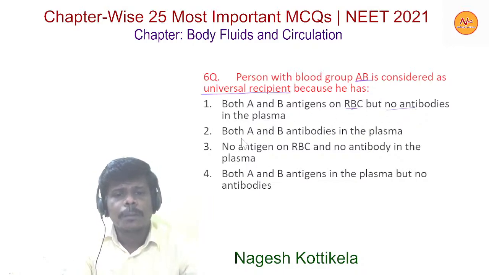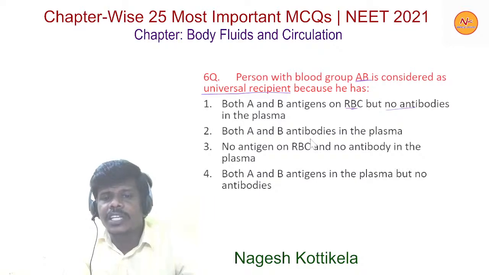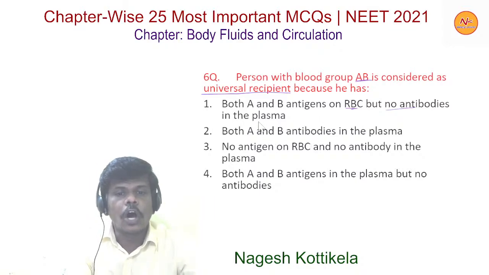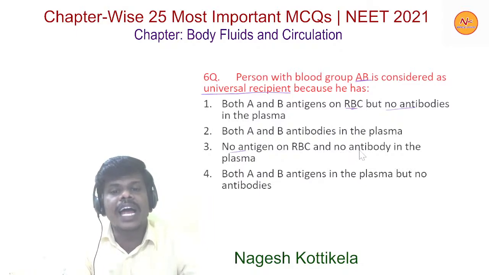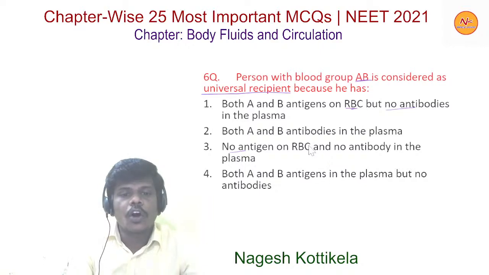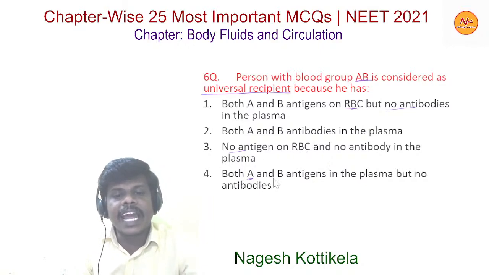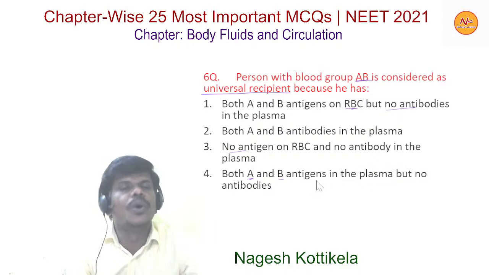Option 2 both A and B antibodies in the plasma. Option 3 no antigen on RBC and no antibody in the plasma. Option 4 both A and B antigens in the plasma but no antibodies.